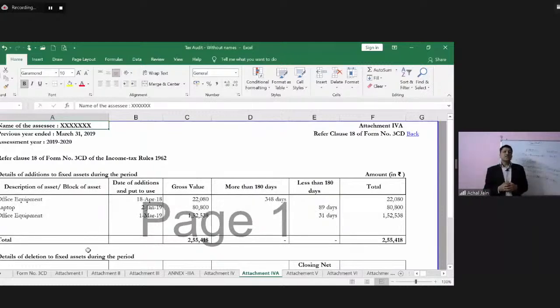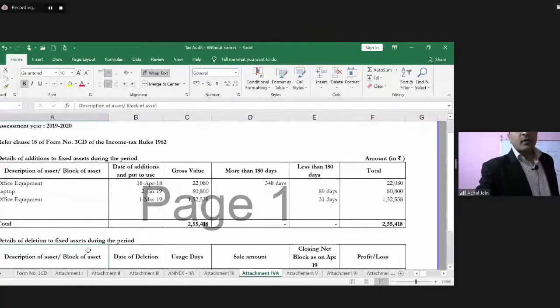Yeah, so you can see date of additions and put to use, gross value, when was this purchased, means whether this is falling under more than 180 days or less than 180 days. And this is the data which I mentioned will be voluminous, because if the entity would have purchased many items, then this data would be voluminous.